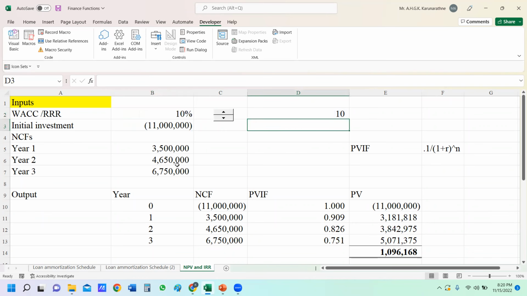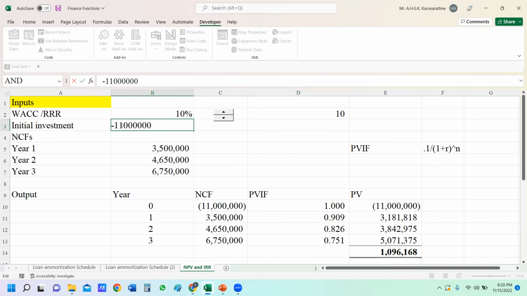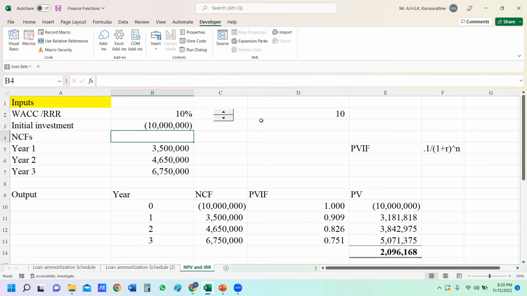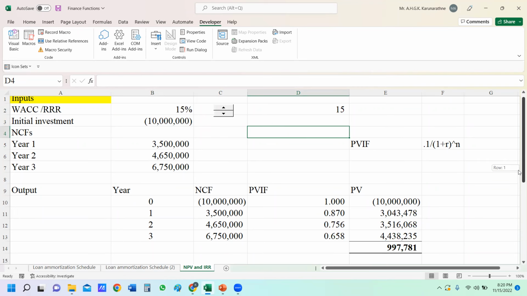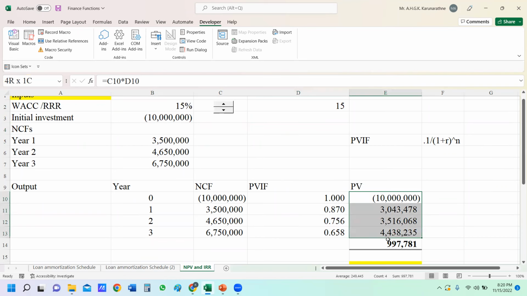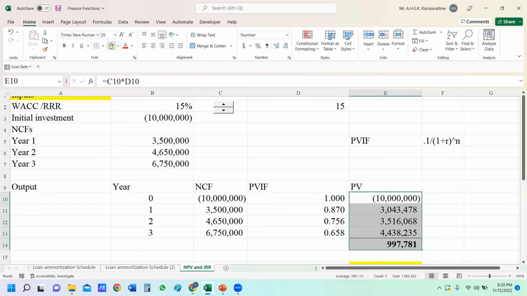Now the original is 10 million. Okay, now let's assume the interest rate increases, and see what happens here. We can easily perform sensitivity analysis.